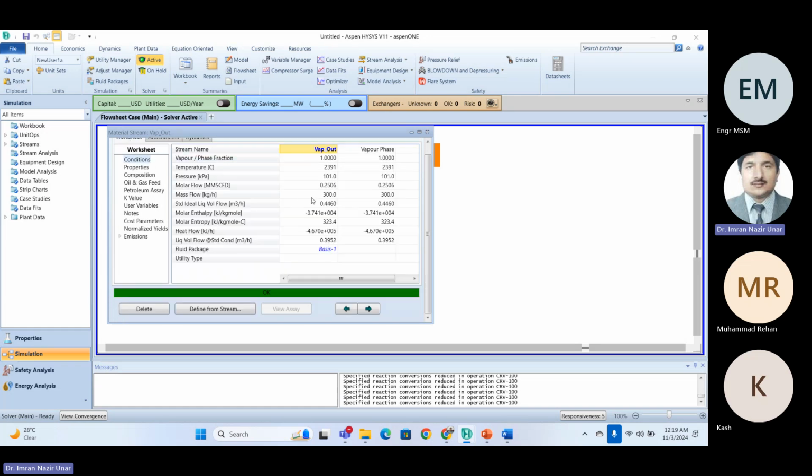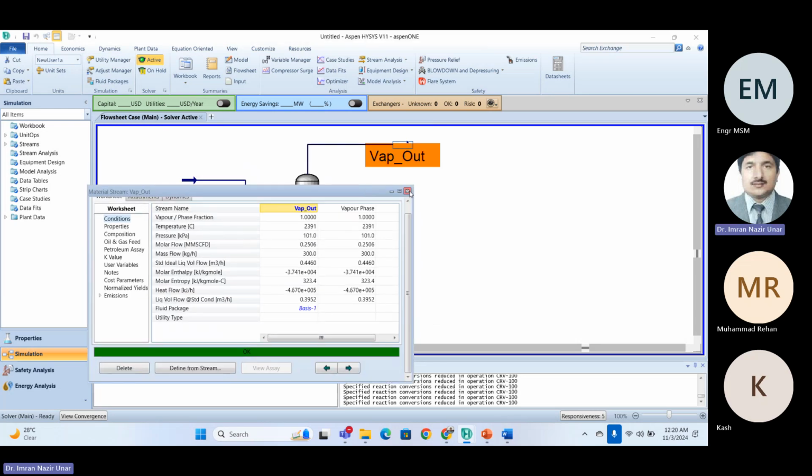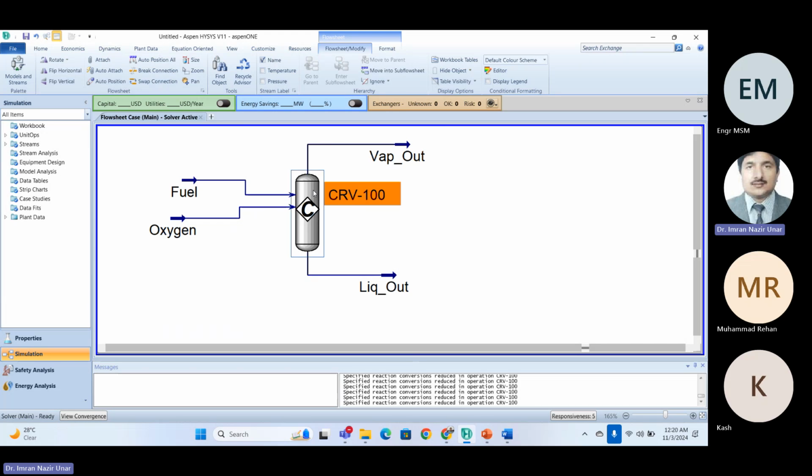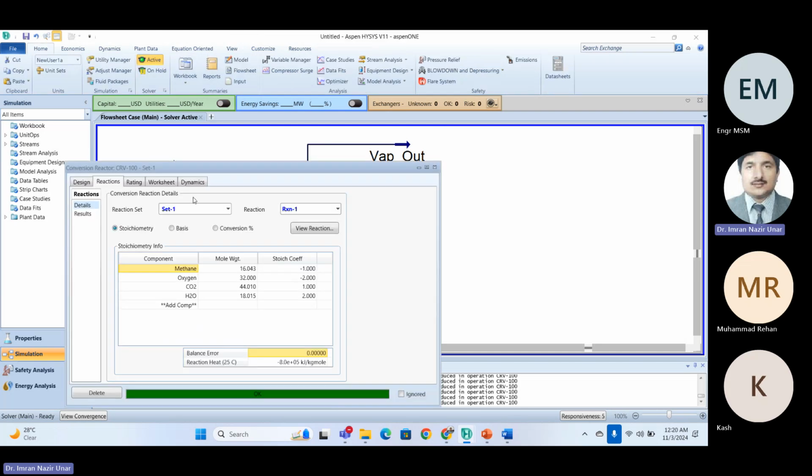Second thing, you can see we inserted the feed at ambient temperature, 25 degrees centigrade, but this stream is at 2391 degrees centigrade. A huge temperature increase because of the exothermic nature of the reaction. So this is how we can define our reactions, and we can use our reactions.